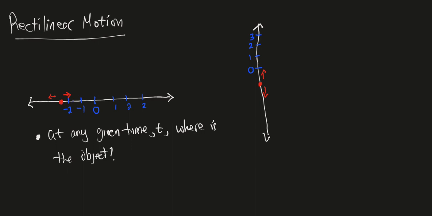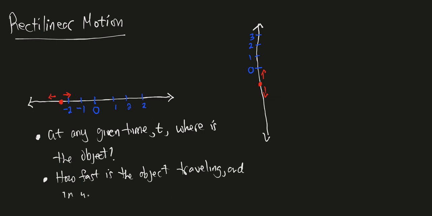Next up, if this object is moving either left or right, up or down, another fundamental question might be, how fast is it traveling, right? So how fast is the object traveling, and in what direction is it traveling, right? So how fast is the object traveling? That sounds like a speed question.